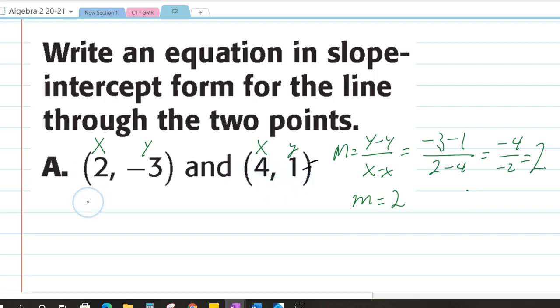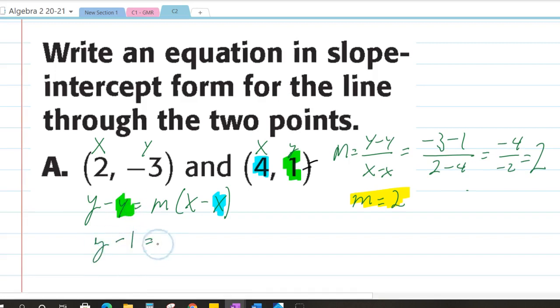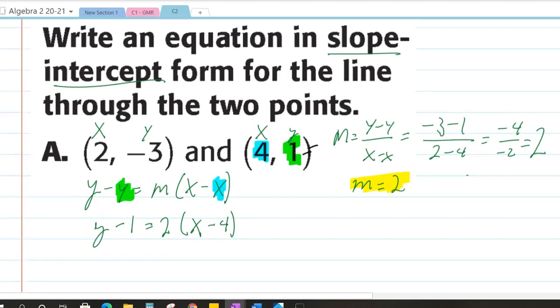Plug it into our point slope form. Y minus y is equal to m x minus x. I have my m as 2, my x as 4, and my y as 1. Now, here again, they wanted it in slope-intercept form, so I need to solve for y.